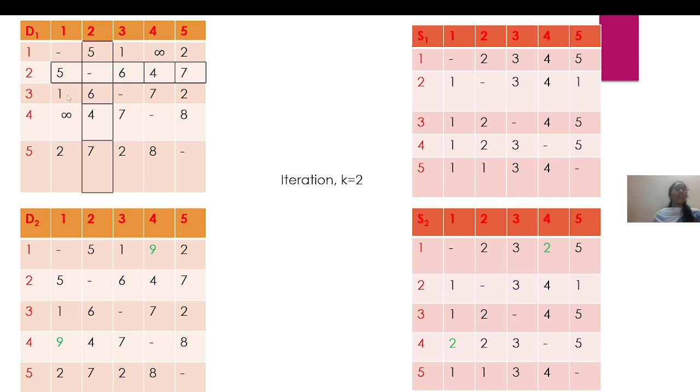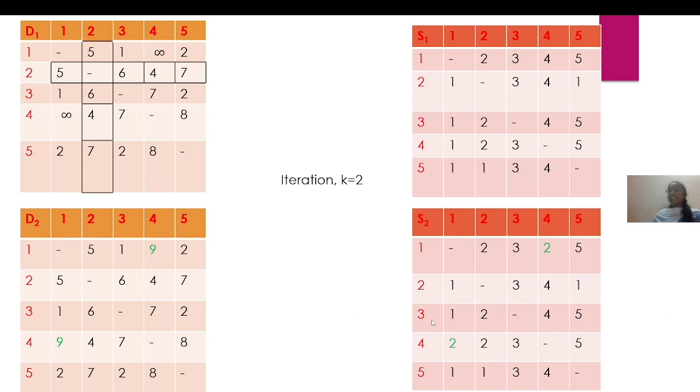Next 1. So 5 plus 6 is greater than 1. So 1 is written in the same form. Next we have 7. 6 plus 4 is 10, which is greater than 7. So 7 is written as it is. Next 6 plus 7 gives 13, which is greater than 2. So 2 is written as it is.